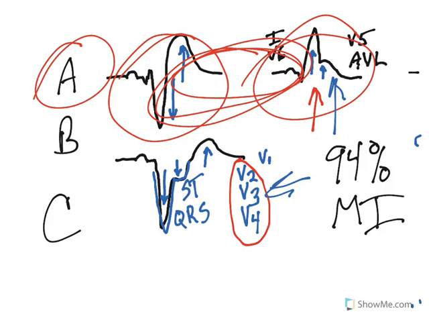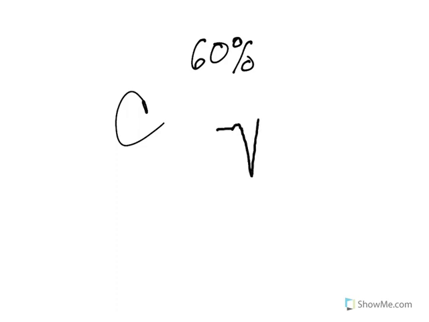All right, so let me erase this stuff and go over Sgarbossa C, okay? Now, Sgarbossa C is only about 60% accurate, so I'm careful with Sgarbossa C. Sgarbossa C says that there is something called abnormal discordance, okay?